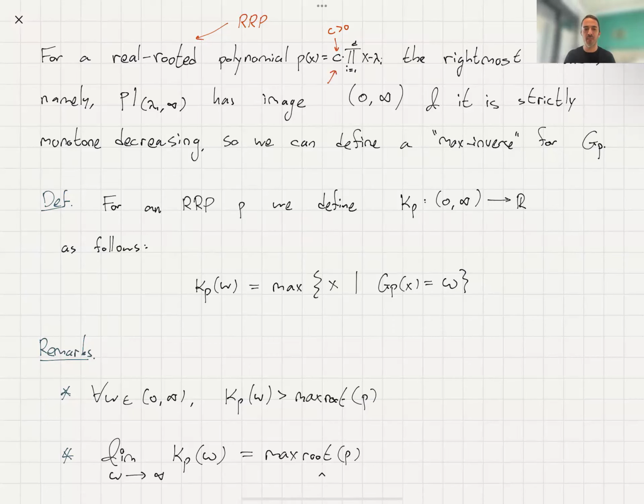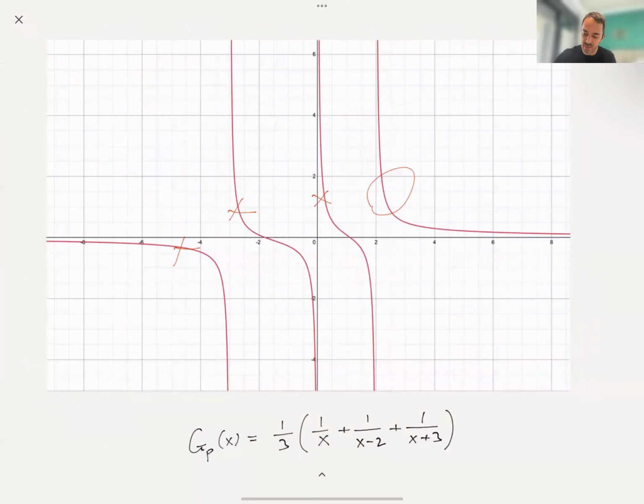But if you have a real rooted polynomial which has a positive leading coefficient, then the rightmost branch, namely if you restrict the Cauchy transform to what happens to the right of lambda 1, has as image the open interval from 0 to infinity. Because you start from a pole at infinity, and you go all the way down to 0 because of the positive leading coefficient. Otherwise, it would have been a mirror with respect to the x-axis. So let's consider only positive leading coefficients.